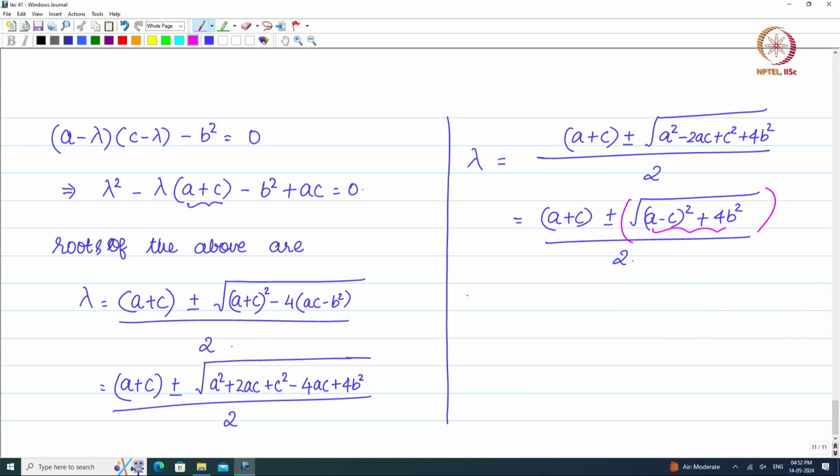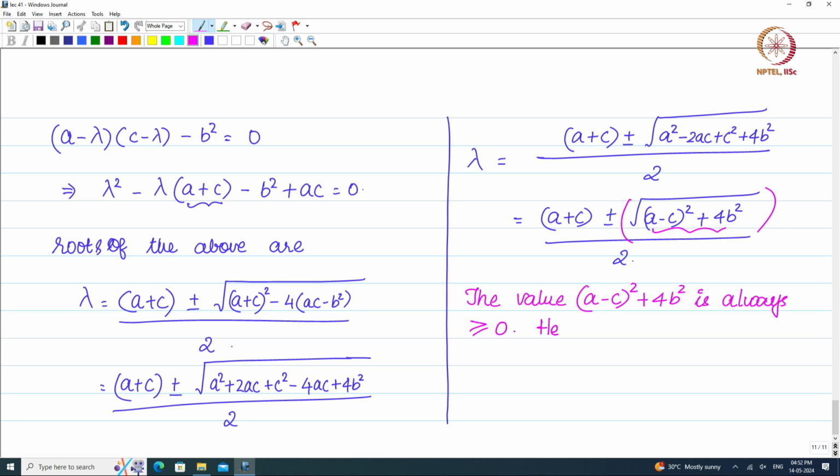So, we know that the value A minus C the whole square plus 4B square is always greater than or equal to 0.